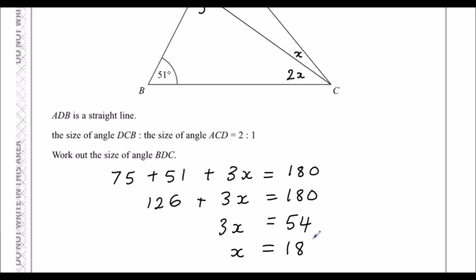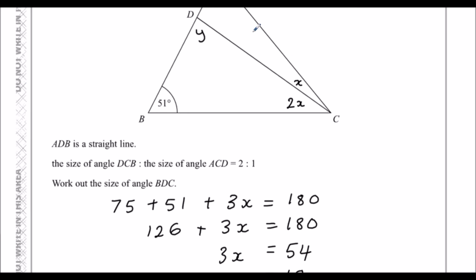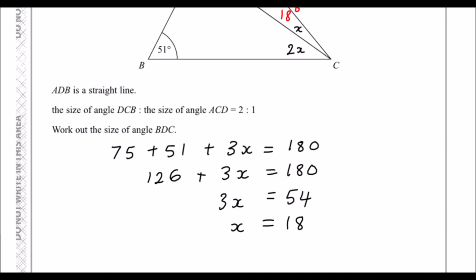So x is 18 degrees. That's our smaller angle here. This is 18 degrees. 2x is double 18, which is 36 degrees.